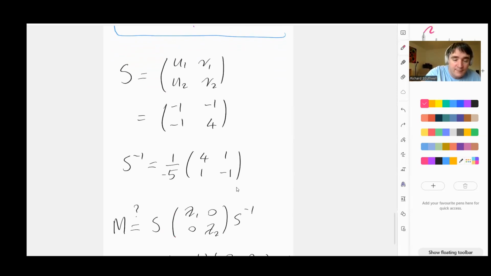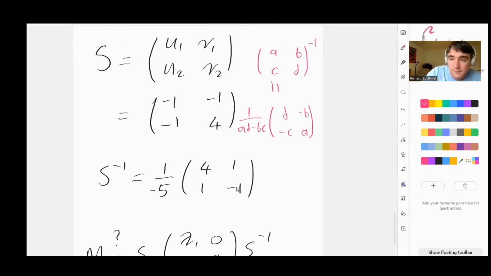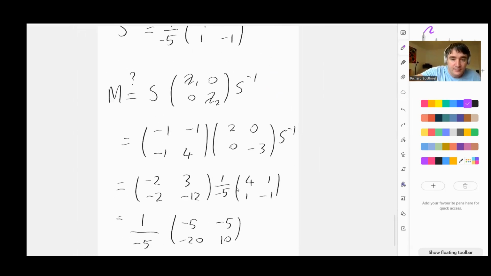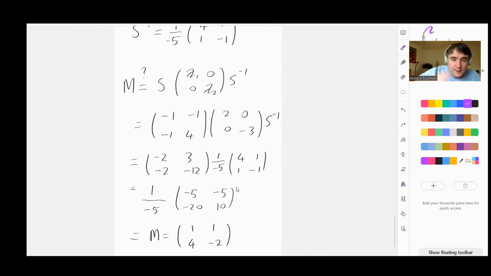So we invert this matrix S. This is our general recipe for inverting a matrix. And when we apply this to S, we get this matrix here. And so if we've done everything correctly, it should be the case that this equation should hold. And indeed, that is the case. So I'll just show you the math here. You can check it at your own leisure.